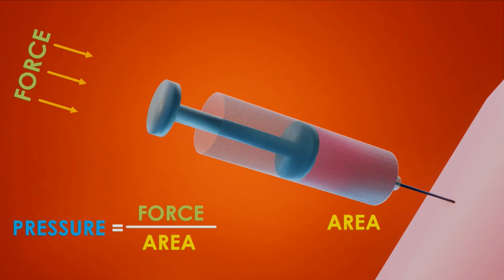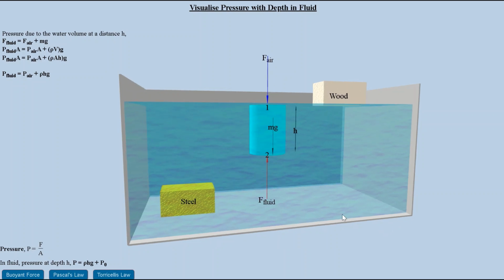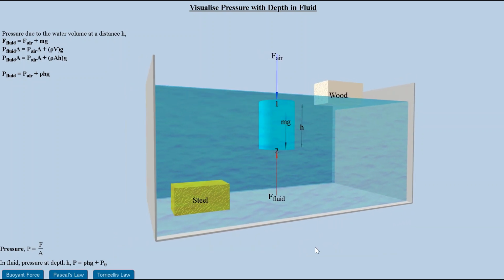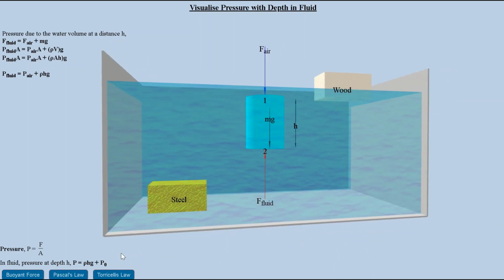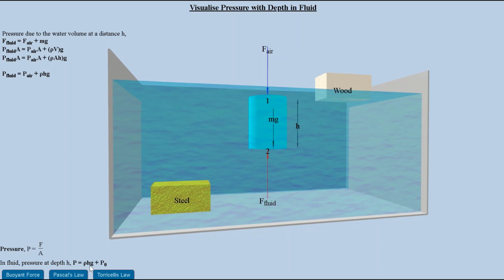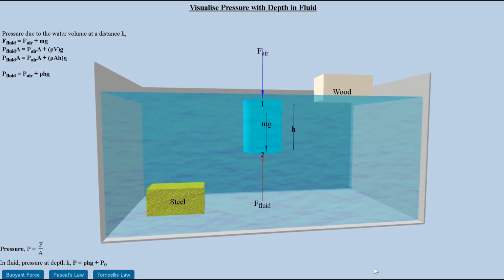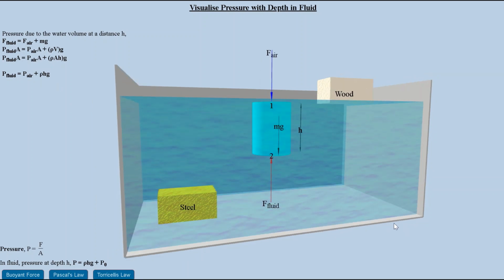When you select a column of the fluid of height h and surface area A with a given mass m, it exerts a downward force of mg. The air molecules on top of the fluid exert 1 atmospheric pressure, again in the downward direction.